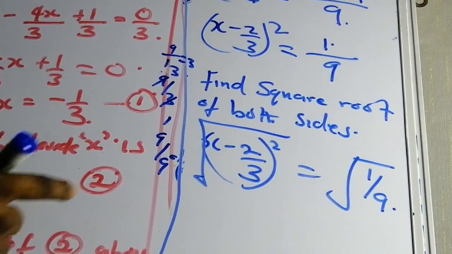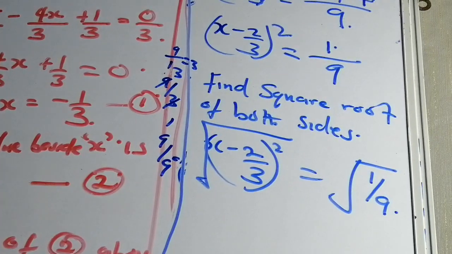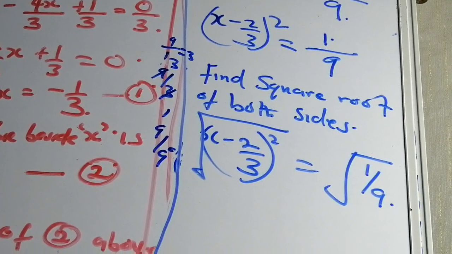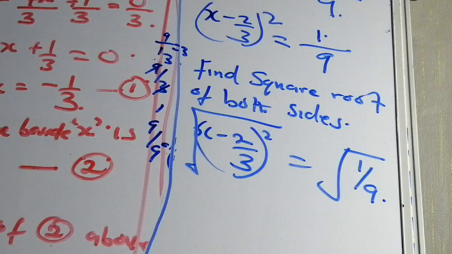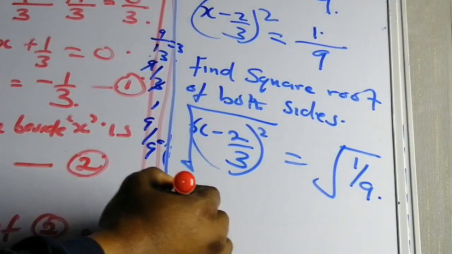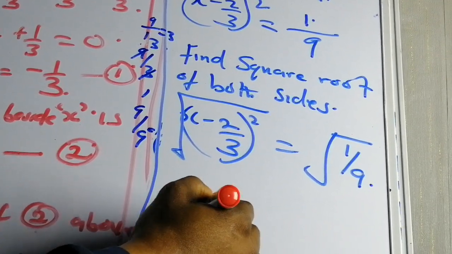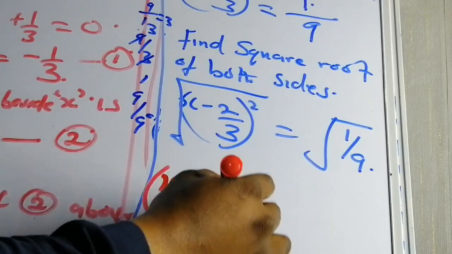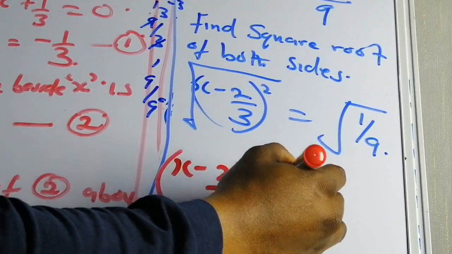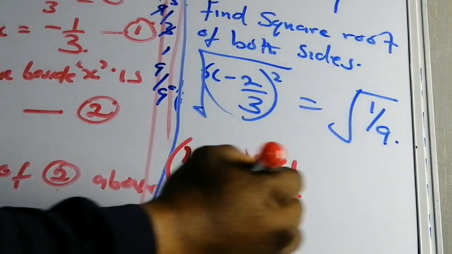Okay? Now, don't forget, I mentioned in one of my parts in surds that the meaning of square root is what? Power half. And I'm repeating it again here: x minus 2 over 3, all raised to 2 times half, power half.